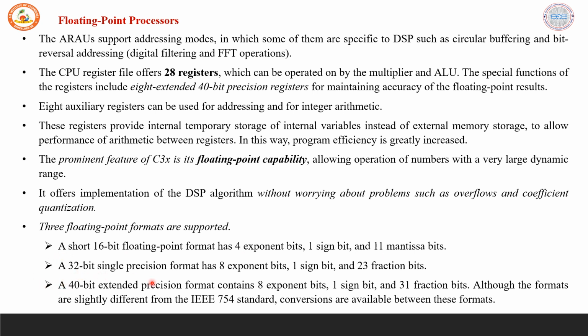Second, there is a 32-bit single precision format which carries 8 exponent bits, 1 sign bit and 23 fractional bits. Third, there is a 40-bit extended precision format, which contains 8 exponent bits, 1 sign bit and 31 fraction bits. These formats don't typically follow the rules set by the IEEE 754 standard, but obviously we have a conversion option between this format and the IEEE formats.